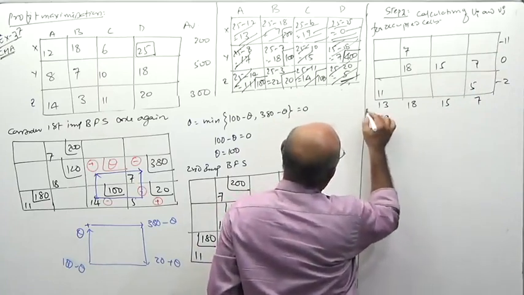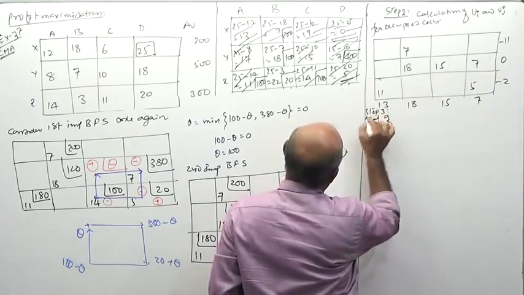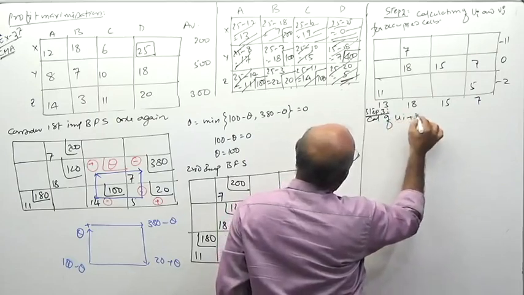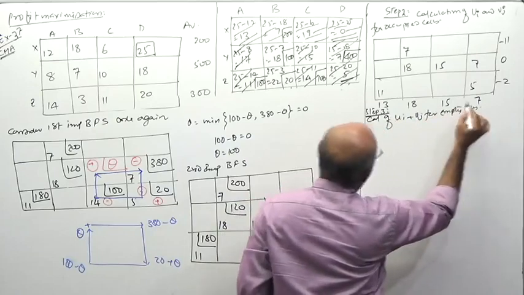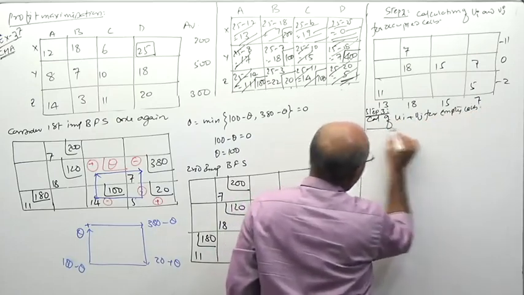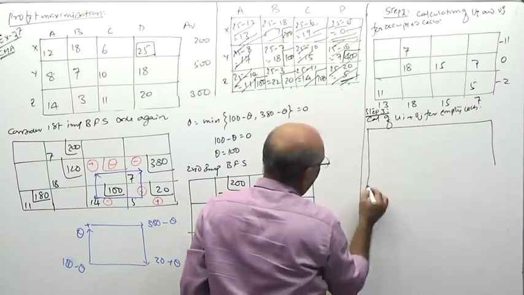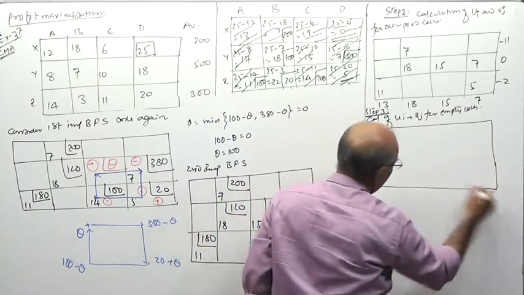Calculation of step 3. Ui plus Vj for empty cells.